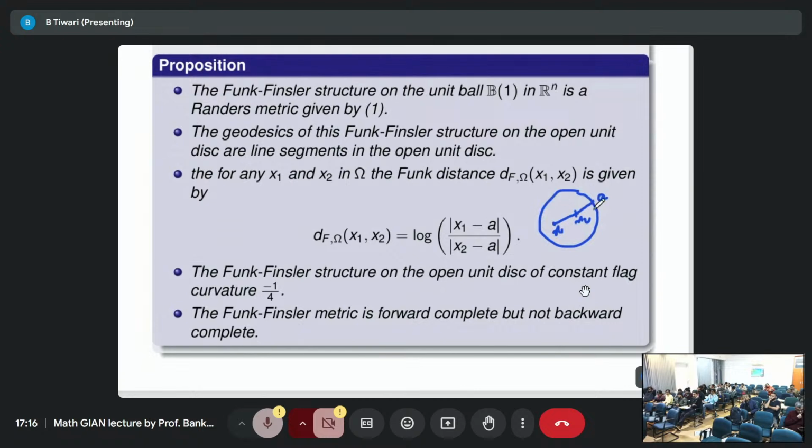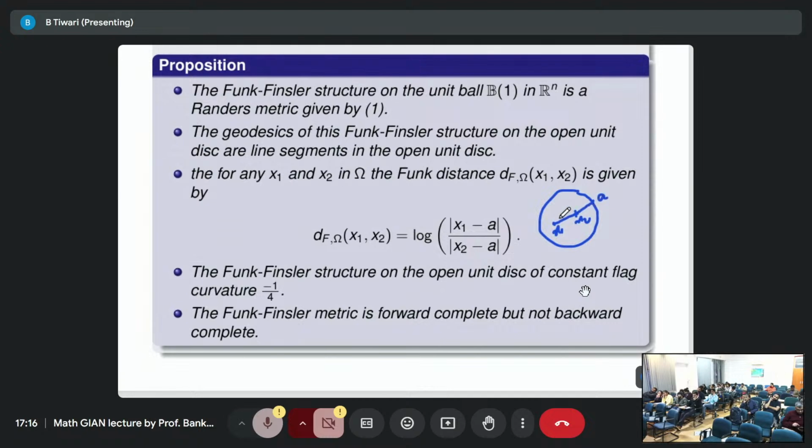So for instance, when x2 goes closer and closer to this boundary point, this distance becomes closer to 0, and this becomes infinity. So as x2 goes closer and closer to A, the distance from x1 to x2 goes to infinity.